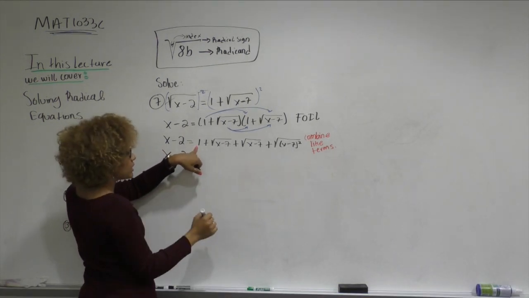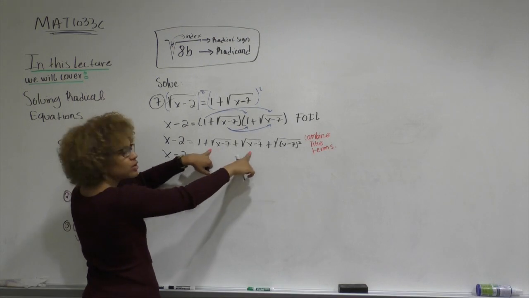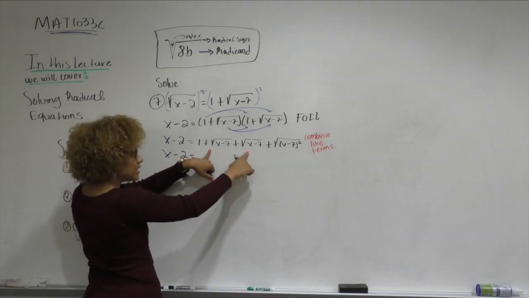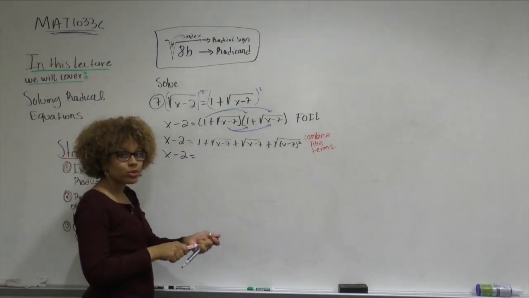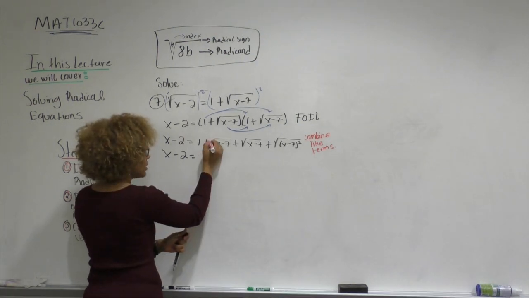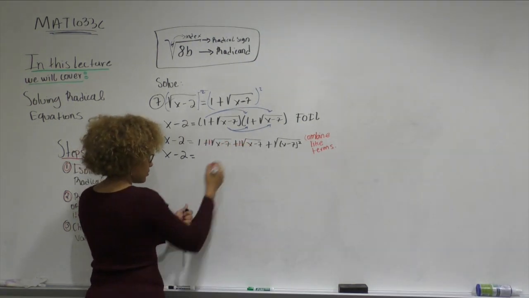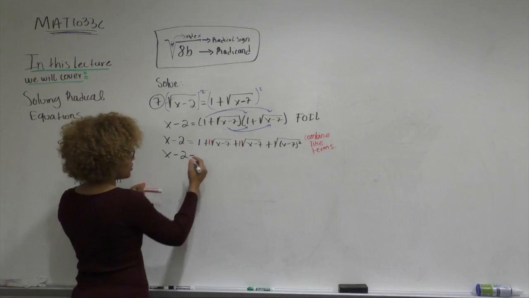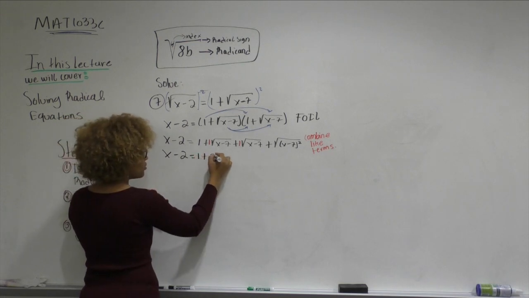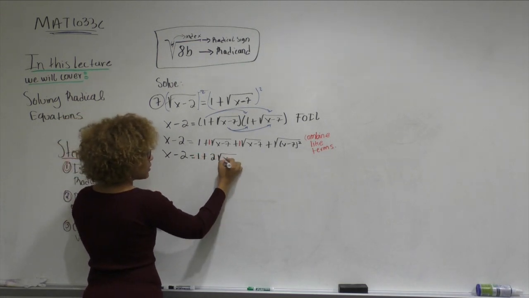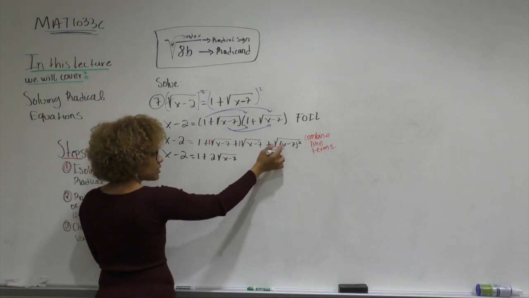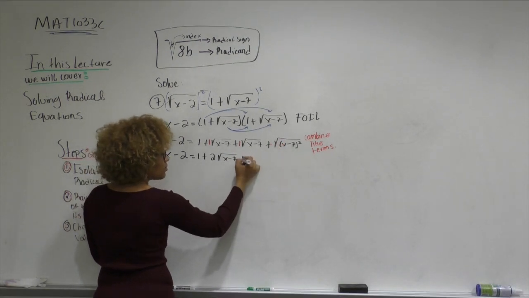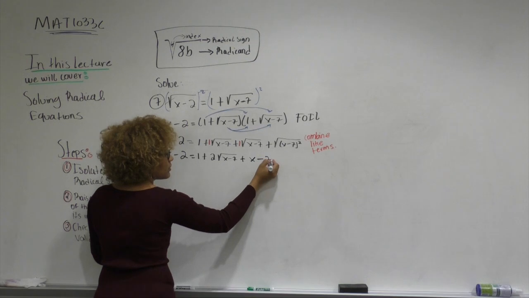Or no, at this moment. This 2 I can combine, right? They're the exact same, and there's an invisible 1. Should we know that right here? Okay. So I'm going to say 1 plus 2 radical x minus 7. Here, they're both going to cancel, so I'm just going to have plus x minus 7.